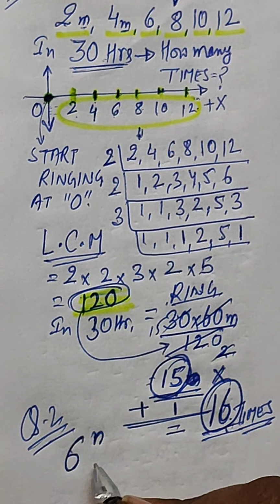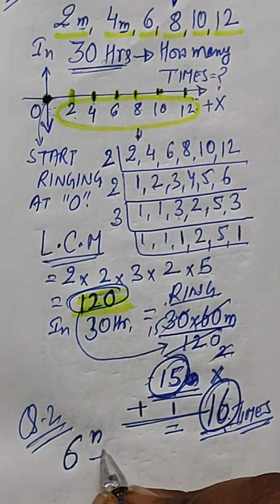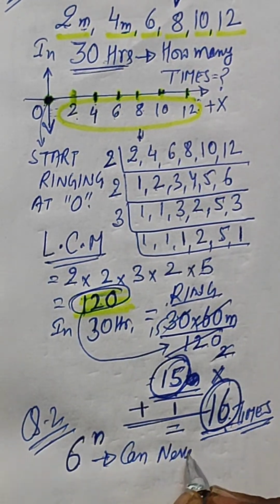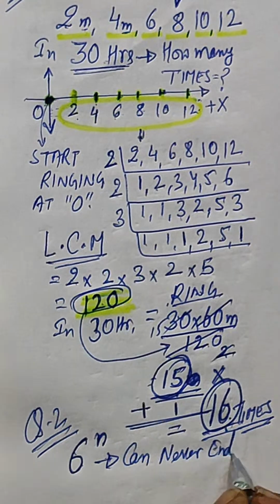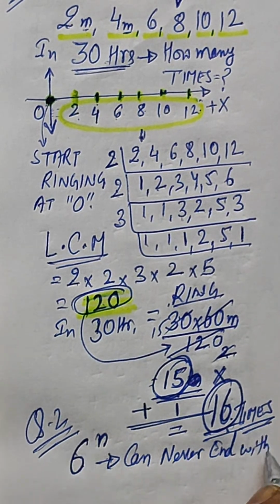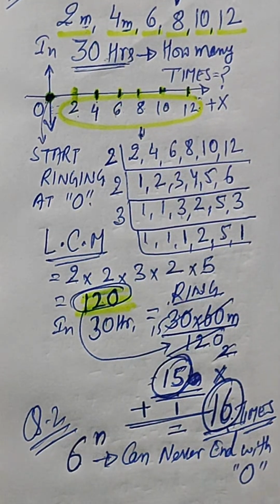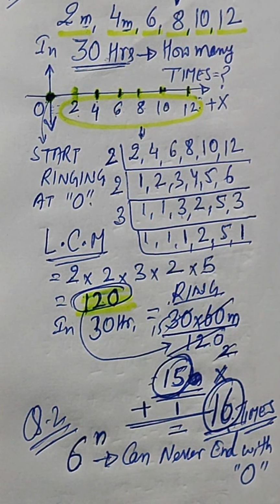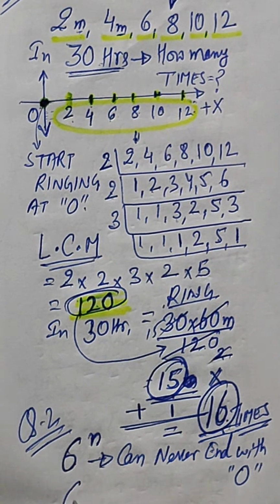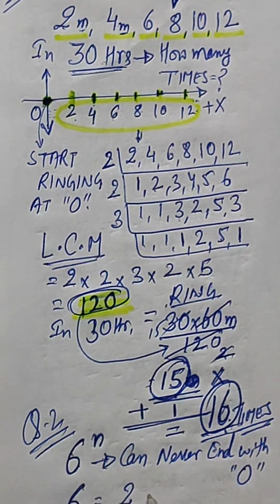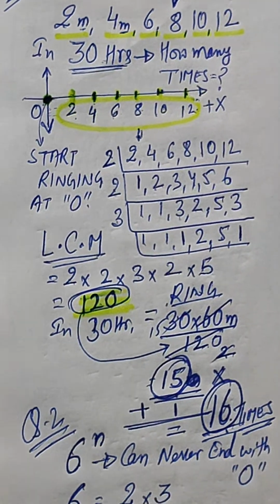So just to prove that this can never end with 0. Definitely it will not end with 0. Why? Because I am showing you. If you find the factors of 6, it will become 2 and 3, isn't it?